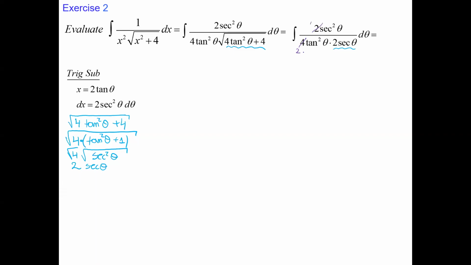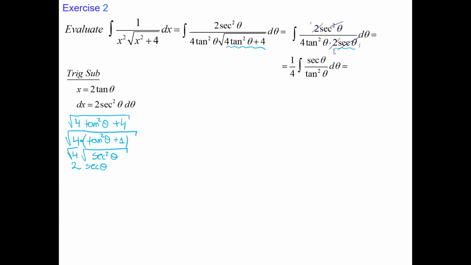And now a little bit of simplification. We can simplify this square and this. Okay, we end up with, even better, 2 and 2, 1, 1. That means 1/4 stays, 1 secant stays, and tangent squared theta stays. Another trigonometric integral.